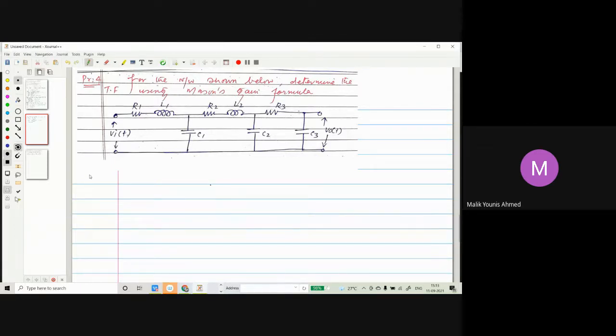So for this one, the solution will be like this. Okay, we need to take the Laplace transform of the network, and show various loop currents and node voltages.